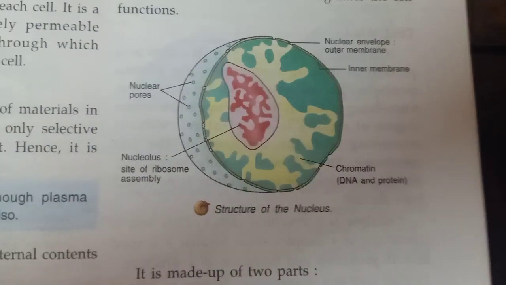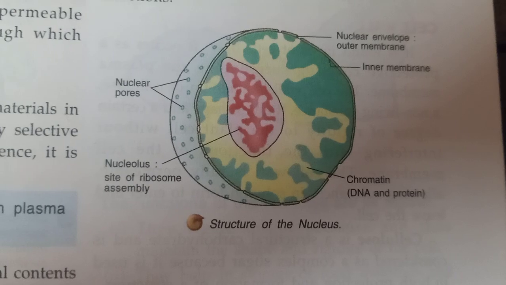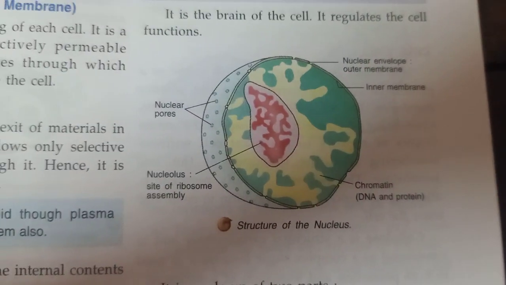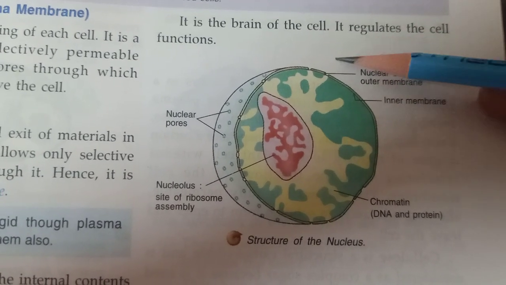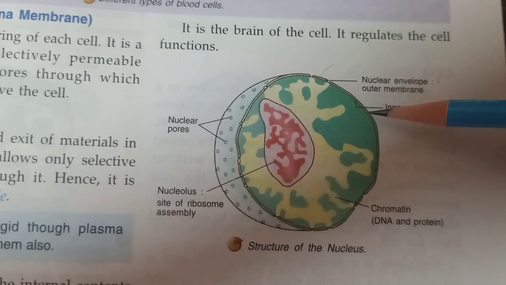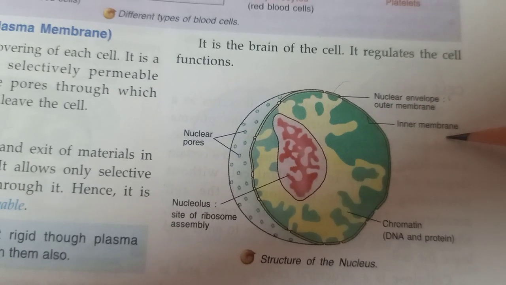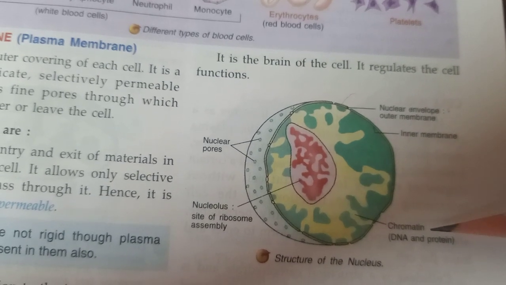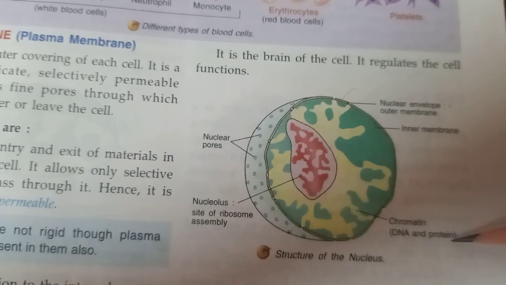In this structure you can easily see the nuclear envelope. This part is known as the nuclear envelope, and here you can see it is the outer membrane, this one, and this one is the inner membrane. The inner lining is known as the inner membrane. Then this yellow part is known as chromatin, and it consists of DNA and protein.